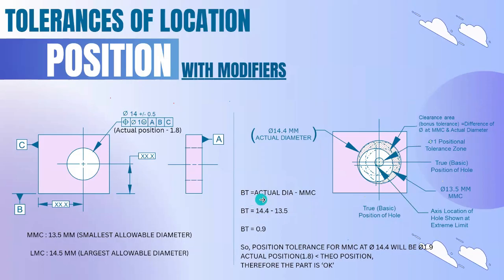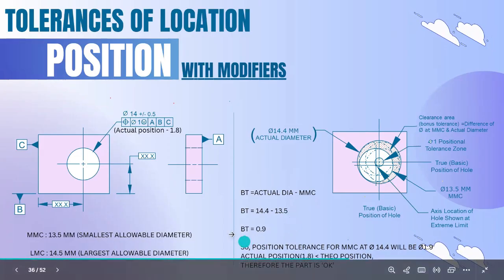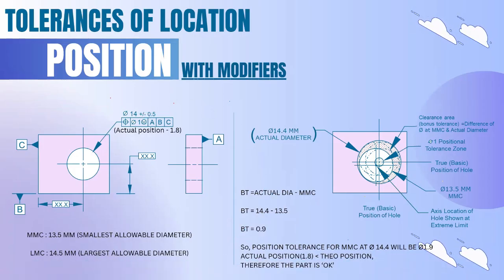Bonus tolerance is equal to actual diameter minus MMC. The actual diameter is 14.4 and MMC is 13.5, so the bonus tolerance will be 0.9. This bonus tolerance will be added to the GD&T tolerance, so 1.9 is the overall tolerance for MMC for this diameter.